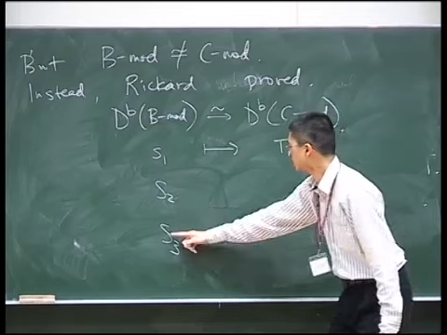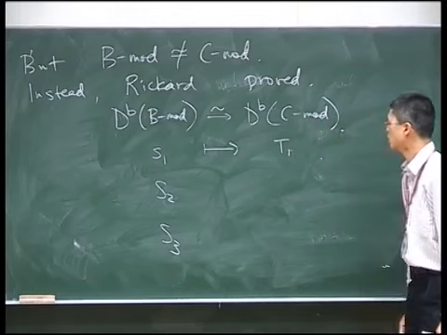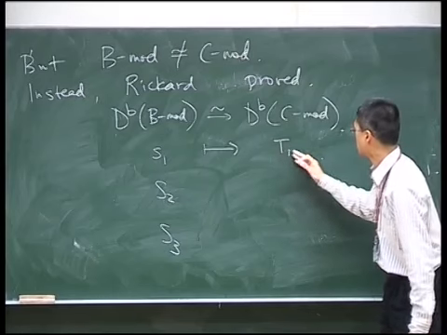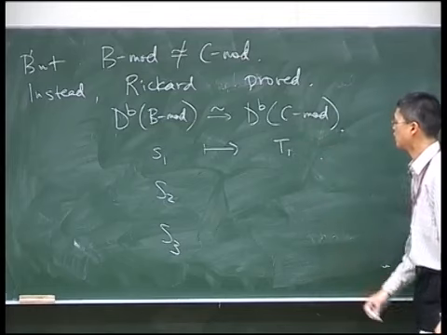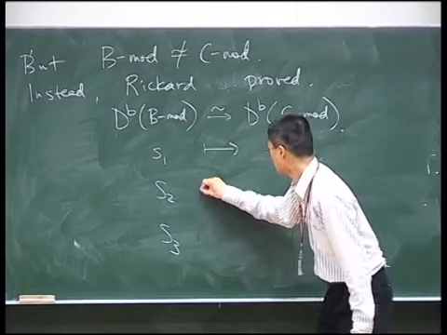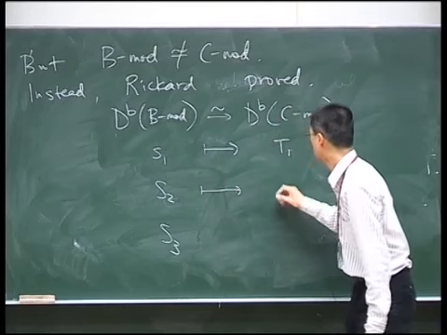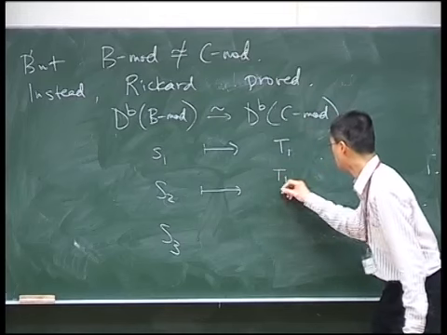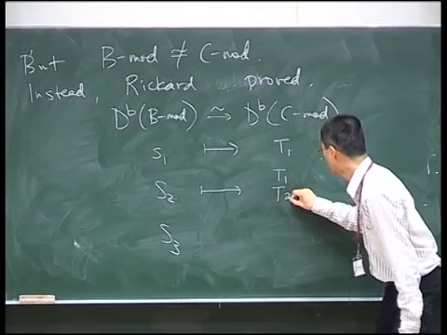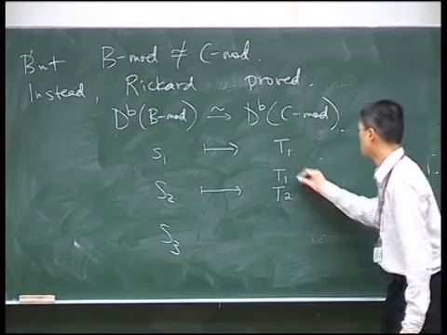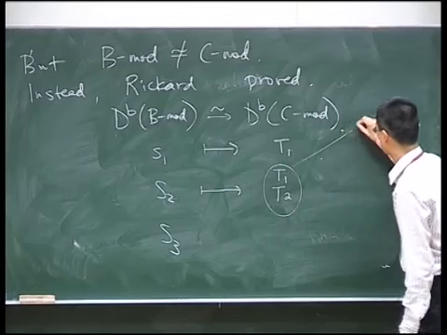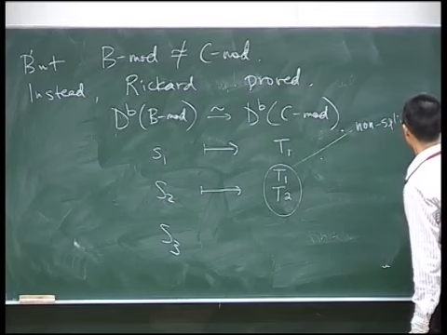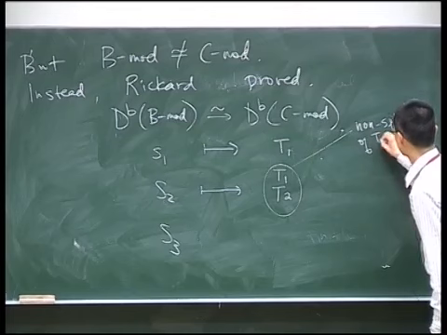But these two simple objects do not go to simple objects for C. Instead, here we get a non-split extension of T1 by some other simple module. By this picture I mean a non-split extension of T1 by T2.